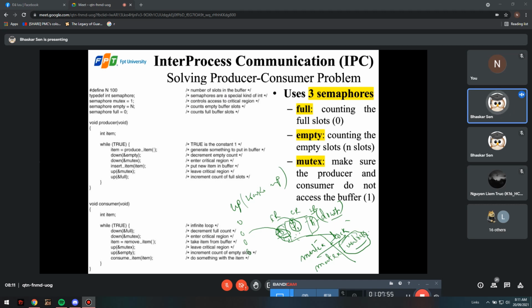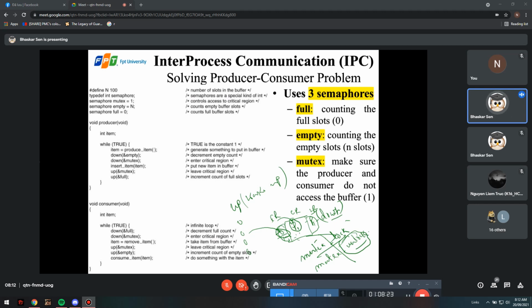And that's what happens. So basically we ask, what is a semaphore? A semaphore is a signaling system. And this one, the mutex, is a locking mechanism.